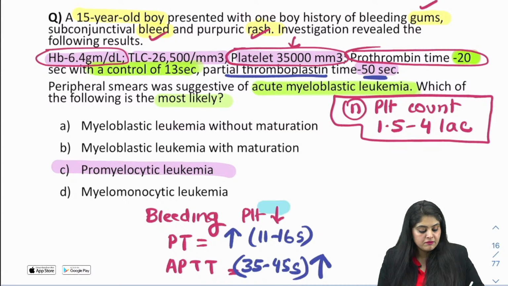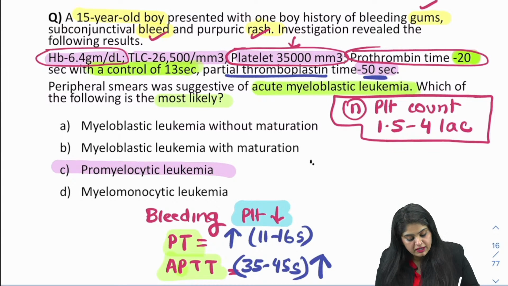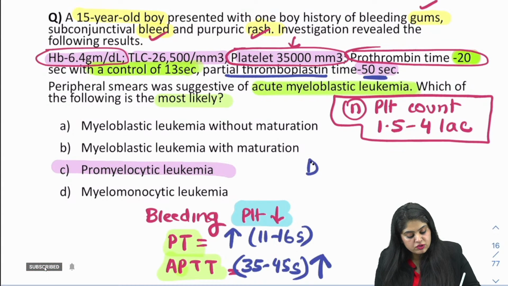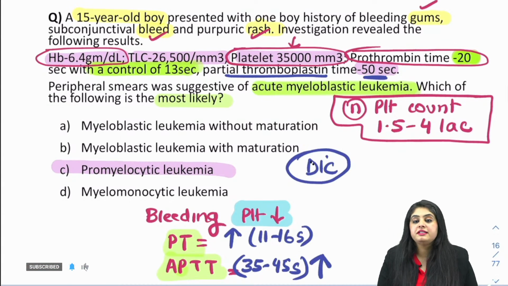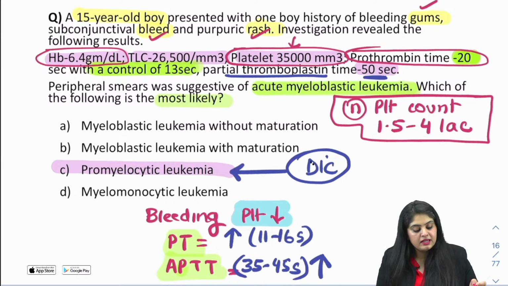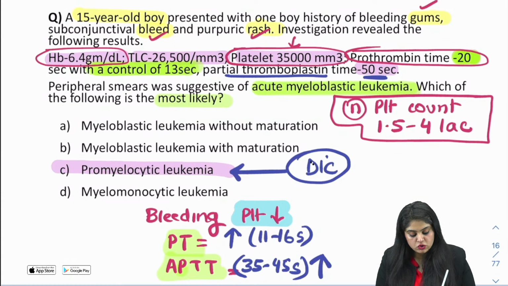You will say, ma'am, one problem is that platelet count is low. The other problem is that the markers, PT and APTT, are all elevated. That's the classical profile of a patient going into what? That's a classical profile of a patient going into DIC, and the only leukemia ever known to go into DIC is APML. I'm going to talk about this promyelocytic leukemia with a picture.